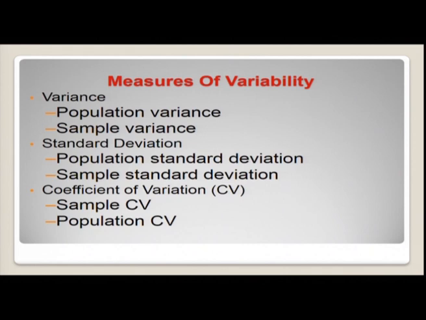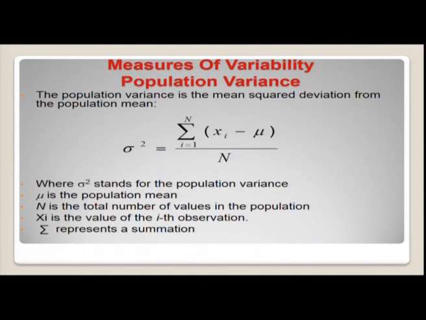Now, as far as the measures of variability are concerned, you have the population variance and sample variance. As far as standard deviation is concerned, you have the population standard deviation and sample standard deviation. As far as the coefficient of variation is concerned, you have the sample coefficient of variation and population coefficient of variation.